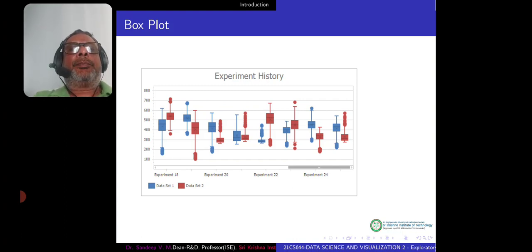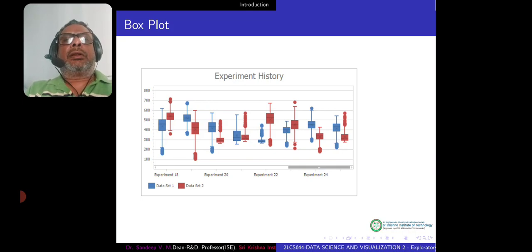Here in the leftmost set, the blue one has values lesser than the red one, whereas the second set says the blue one is higher than the red one, and so on. And the dots shown there represent the outliers. So it gives a lot of information like that.